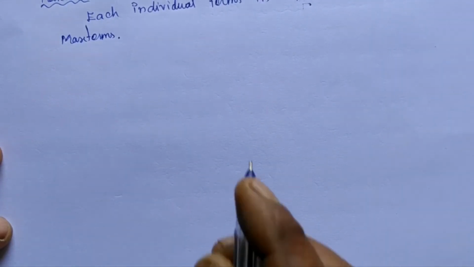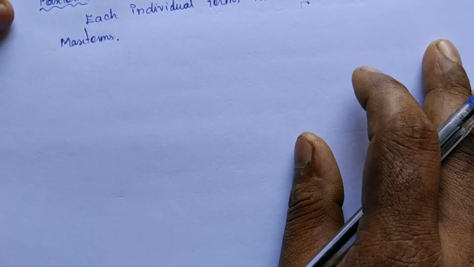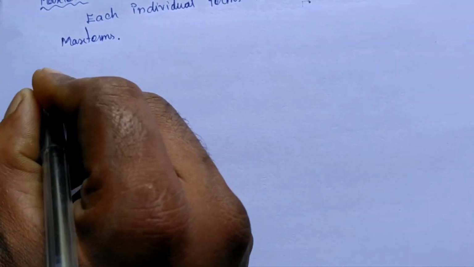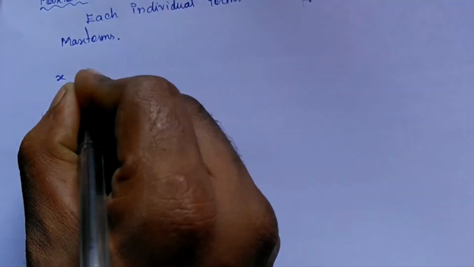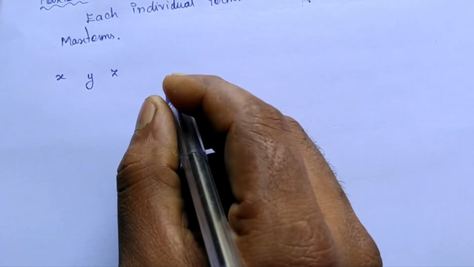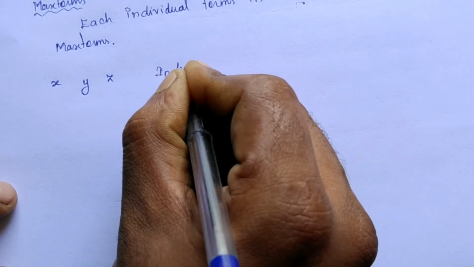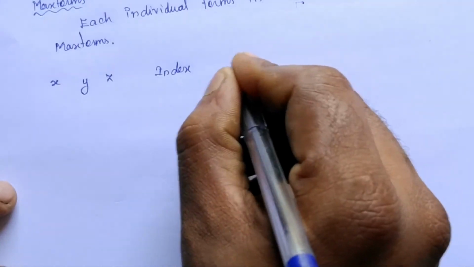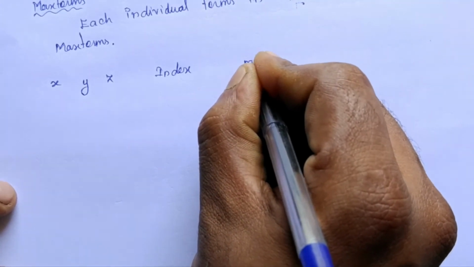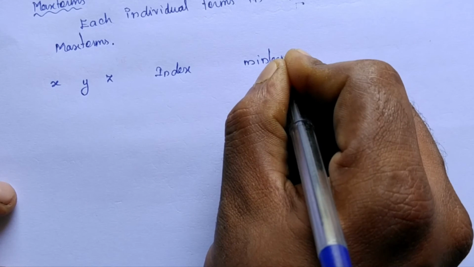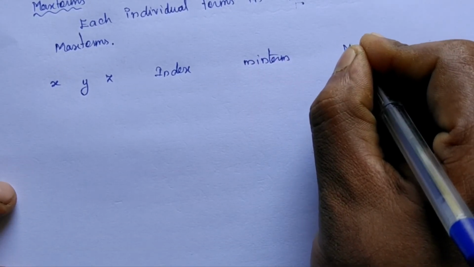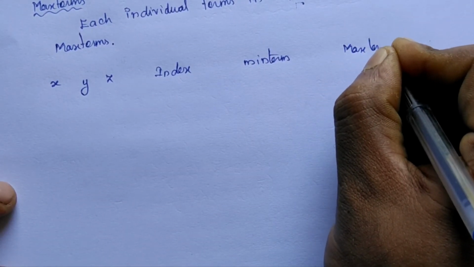Now we will go for the relation between these min terms and max terms. So here first I am considering three variables x, y and z. Then I am going for its index, then the min term, and finally the max term.